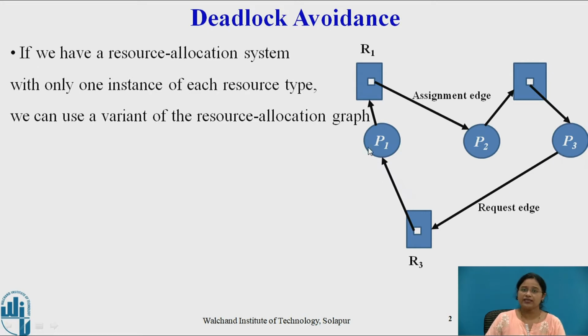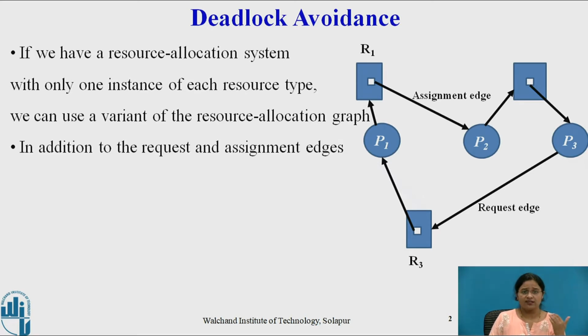The resources are allocated and the near future request is shown by the request edge in this diagram. It means P1 may request R1, P2 may request R2 and P3 may request R3. Already one instance is allocated to each process and they may request another resource in the near future.